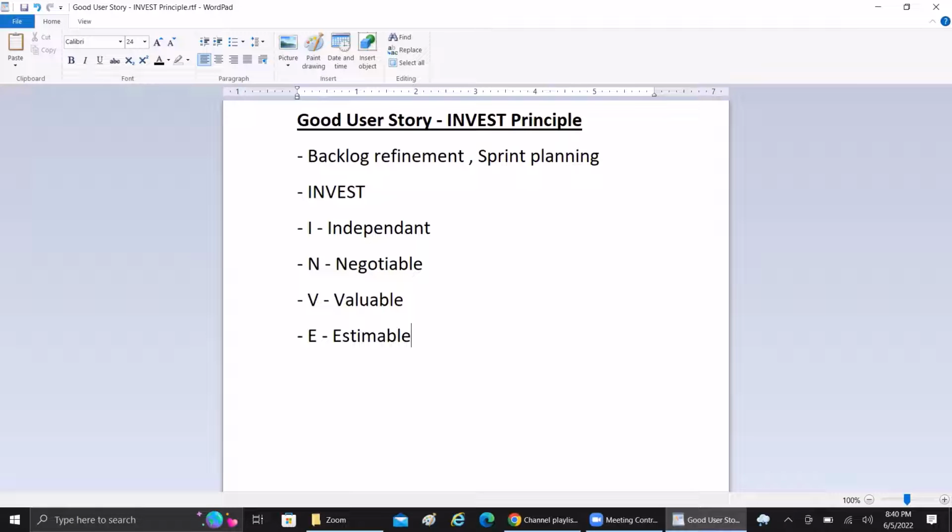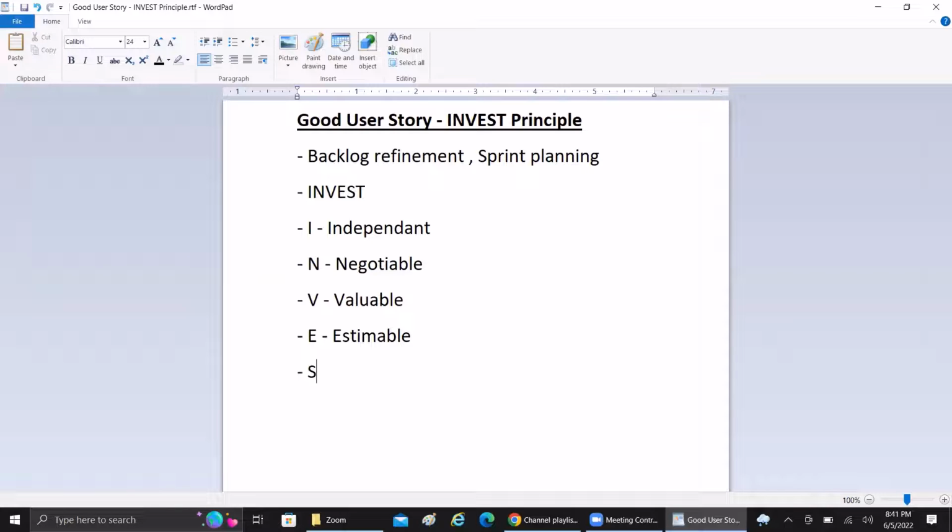Any user story you are going to take up for implementation, testing and closure should be estimable within the particular sprint. It should not be too big. The requirements or the acceptance criteria should not be too big or too vague for the team. It should be easily estimable and easily doable. So that is what E stands for in INVEST.